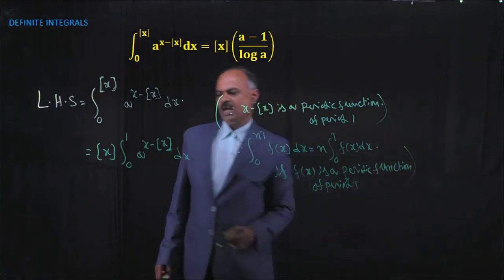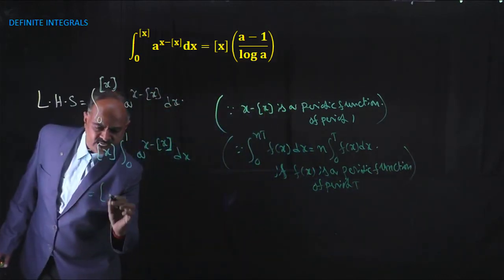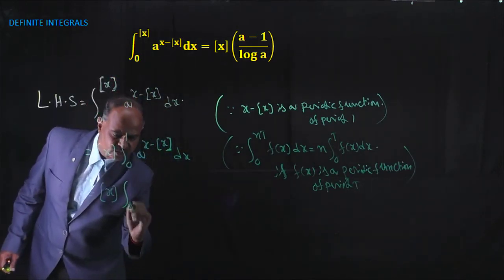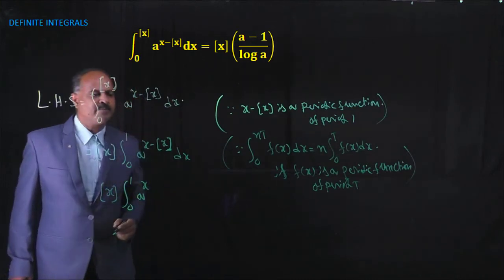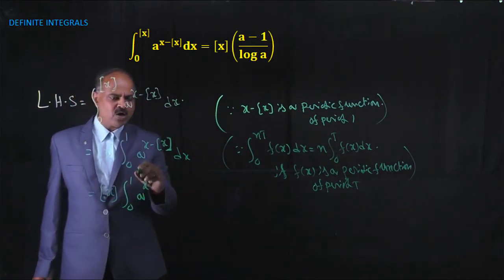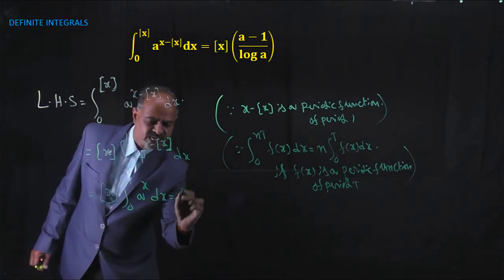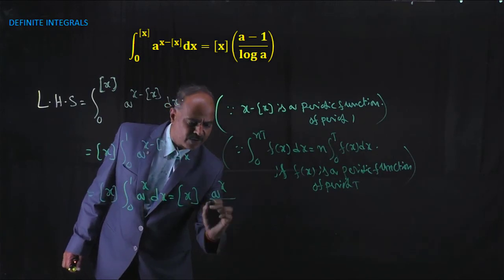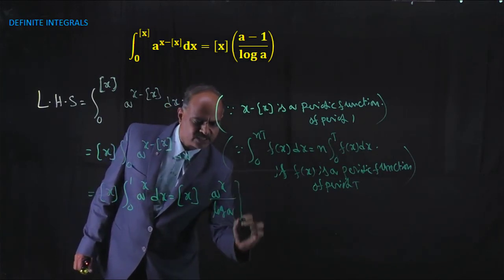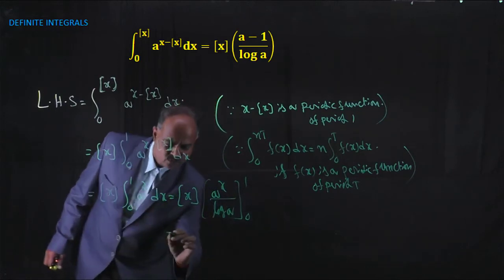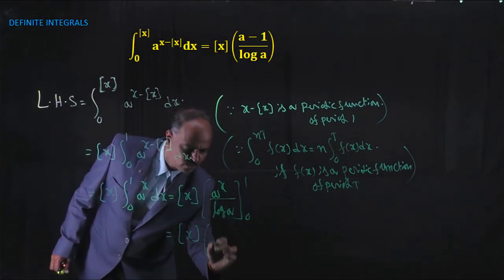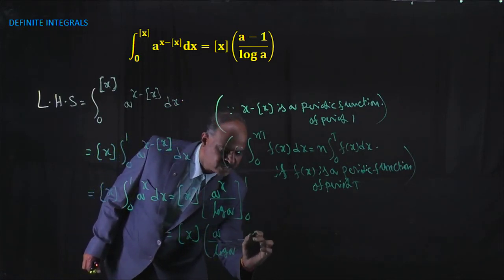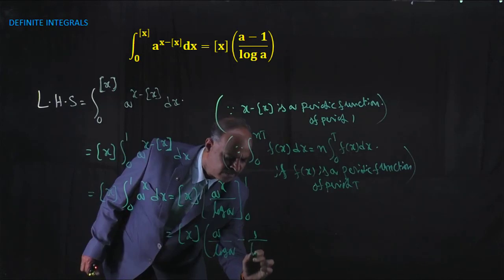Now that is equal to floor x into integral 0 to 1 of a to the power x minus 0, since in the interval 0 to 1 floor x equals 0, so a power x dx. Therefore floor x into integral of a power x dx equals a power x by log a with limits 0 to 1. So that is equal to floor x into a power 1 by log a minus a power 0 by log a, that is equal to (a minus 1) by log a.